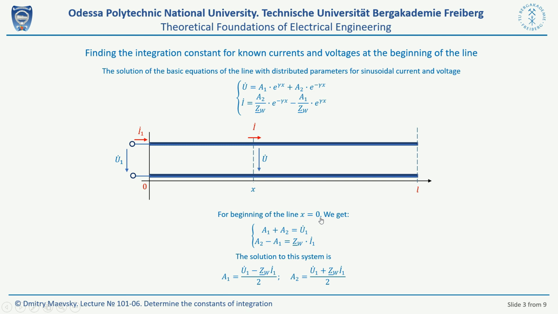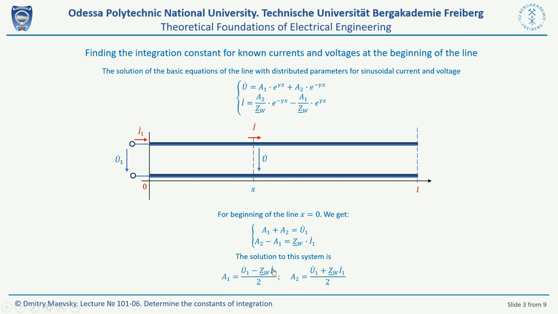So, from the main system, we obtain such a system of equations for the unknown constants of integration A1 and A2. It is not difficult to see that the following expressions are the solution of this system.